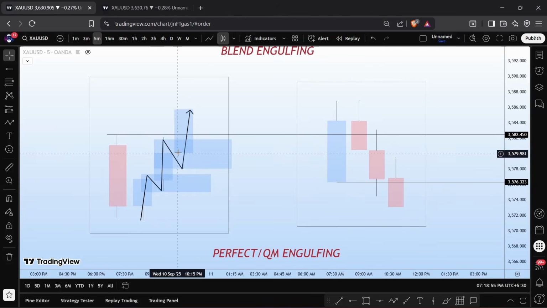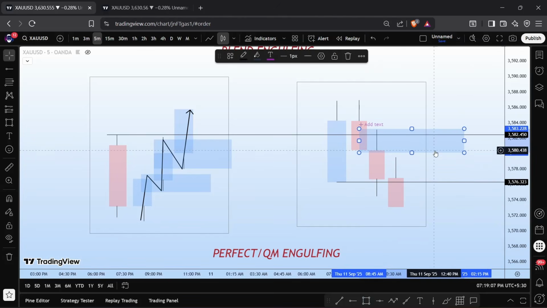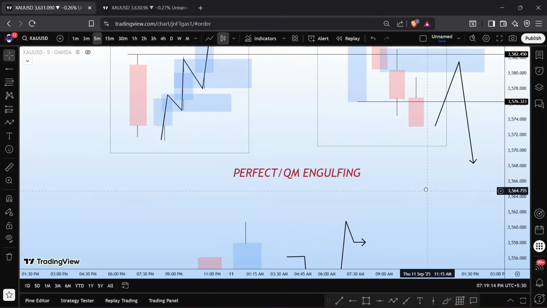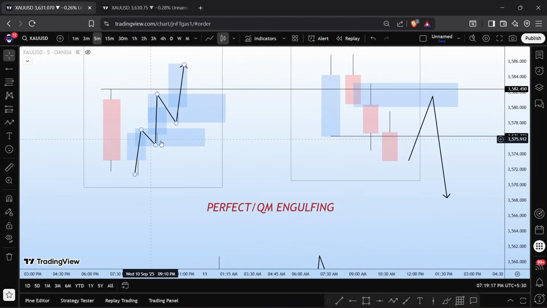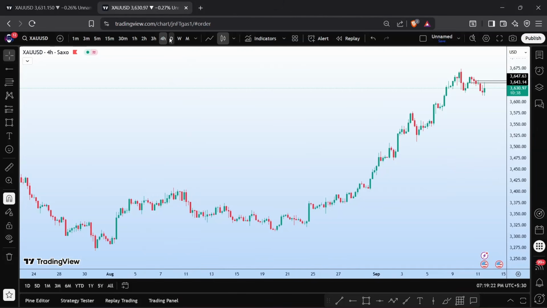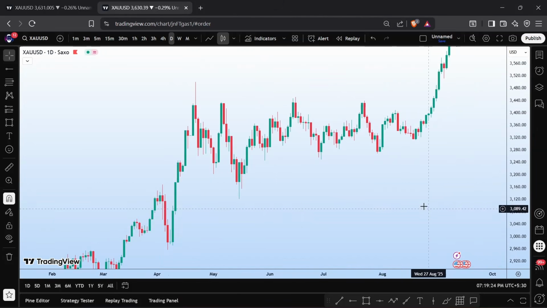Same thing over here: this was the base that was responsible for the break. So we can anticipate from here that we could get a potential sell movement after the pullback. Now okay, let's look at a few examples on the live chart. Let's go into the daily chart of gold.